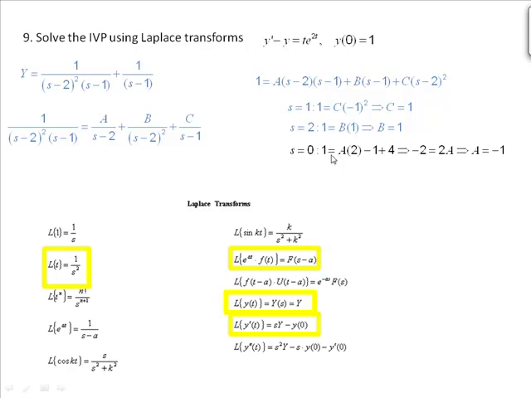We get 1 is equal to a times 2 minus 1 plus 4. Negative 1 plus 4 is 3, so subtract 3 to get 1 minus 3 is negative 2, is 2a, and then divide by 2, and you get a is negative 1. So here I get a is negative 1, b is 1, c is 1. And we'll bring that back so that we can solve the equation right here. Negative 1, 1, and 1.